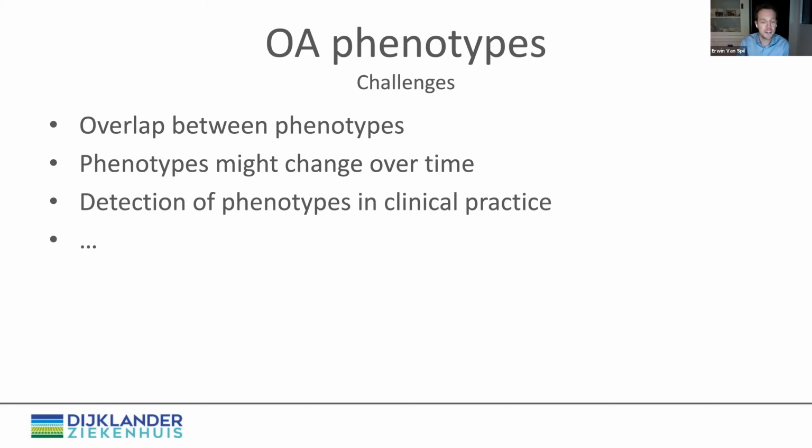If we need very advanced, difficult, or expensive techniques to detect a phenotype, that might still limit the impact this knowledge might have in clinical practice, which is, of course, in the end, what we're doing this all for. There are many more challenges, and maybe we can discuss them later, but I would limit myself to these.